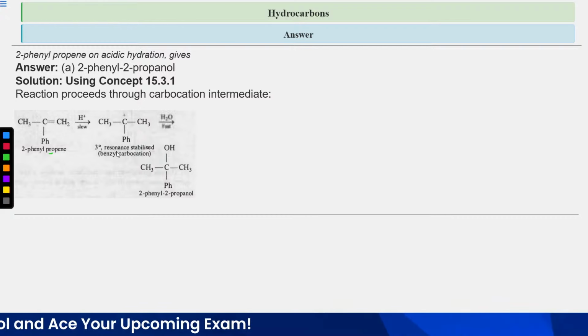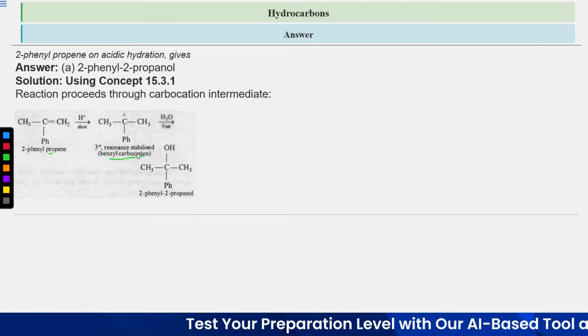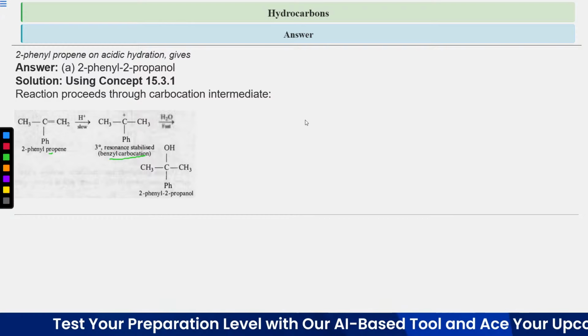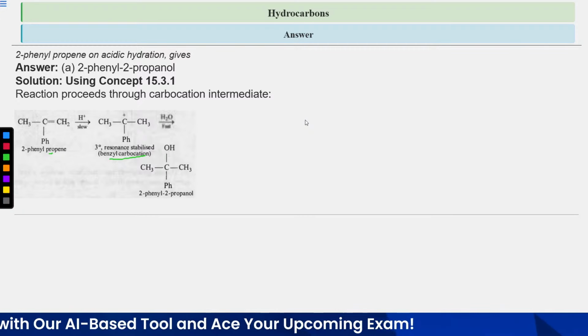So this is a tertiary carbocation we obtained, and it is also a resonance stabilized carbocation because of the phenyl group present. You can call it a benzyl carbocation. After that, what will happen? We react it with the water molecule.